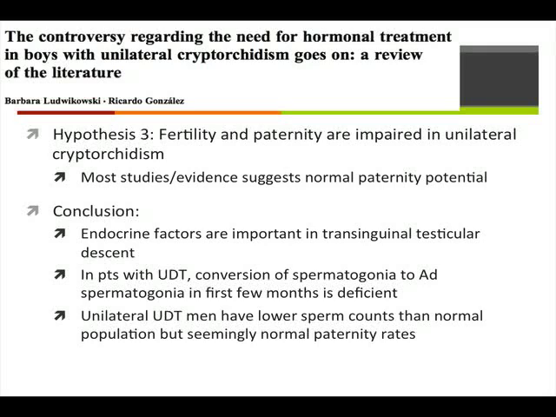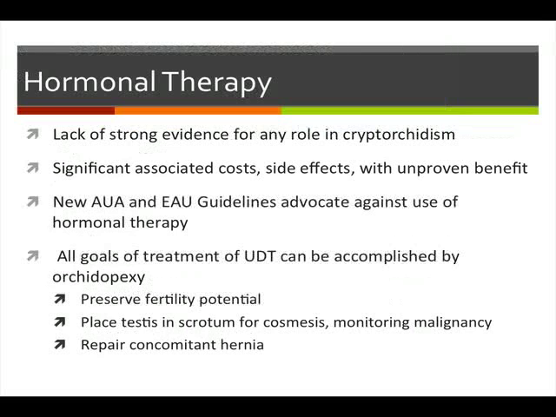Patients with unilateral undescended testicles, even though they have lower sperm counts, seemingly have quite normal paternity rates. Overall, there's a lack of any strong evidence for this. There are a lot of costs and side effects associated with it, and the new American and European guidelines both advocate against the use of hormonal therapy.